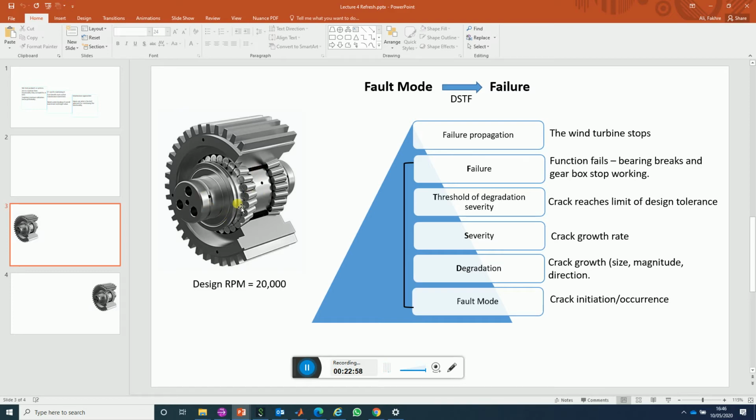If this crack continues to operate in the same conditions, it can very likely grow over time and effectively lead to breaking this bearing.